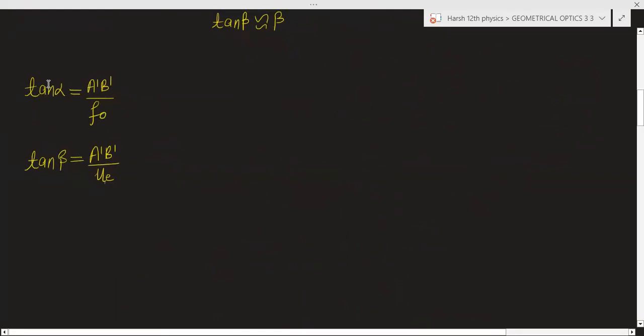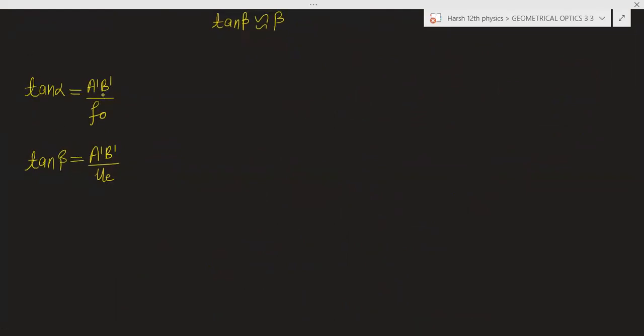Now we know that tan alpha can be written as alpha. So we can write alpha is equal to A dash B dash divided by FO, and tan beta can be written as beta, so beta will be A dash B dash divided by UE. Now magnification is beta by alpha.